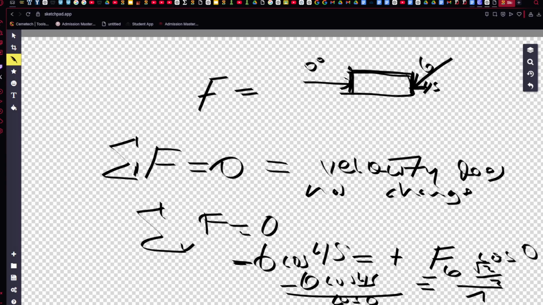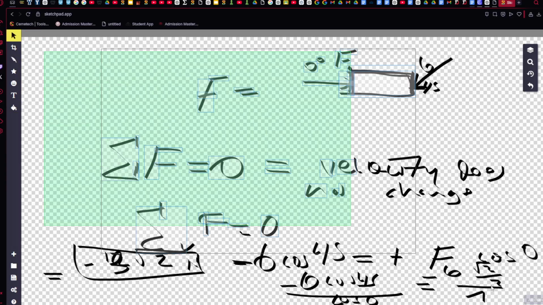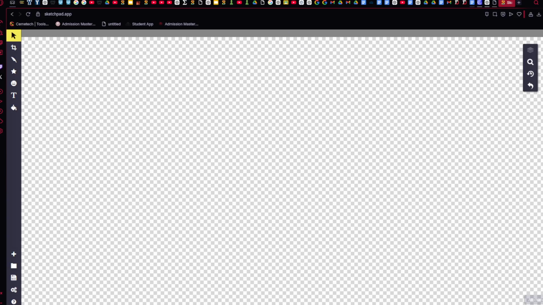So this is negative 6 square root 2 over 2, which is negative 3 square root 2 newtons of force. So the magnitude of this force vector would be equal to negative 3 square root 2. Pretty simple stuff as well. Just equilibrium applications. You do a lot of those, especially in torque as well.